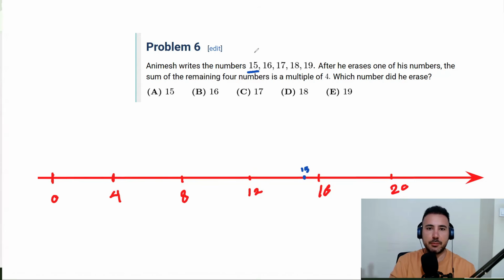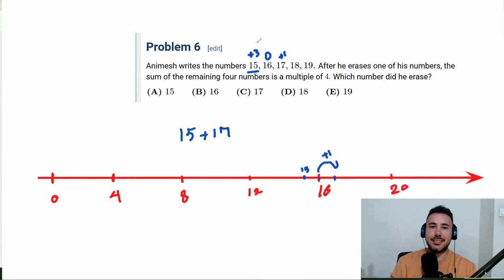So for 15, I'm going to write it here. Now, 16 is already a multiple of 4. So it has nothing extra, nothing more than a multiple of 4. 17 is a multiple of 4 plus 1. So I'm going to write the plus 1. And now let's see. That's interesting. Look, 15 plus 17, right?